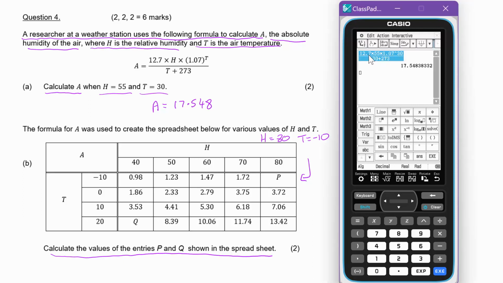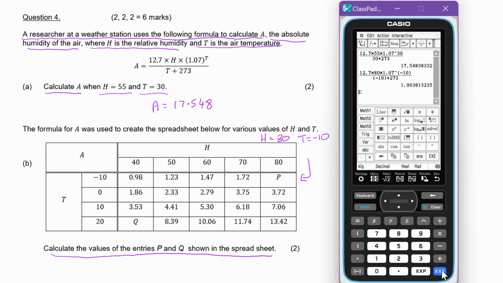So we could just drag this to here and then replace the 55 with 80 because that was the value of H. And the 30, let's replace that with negative 10. And of course we need to replace that on the bottom down here as well. So it was T in both places in the formula.